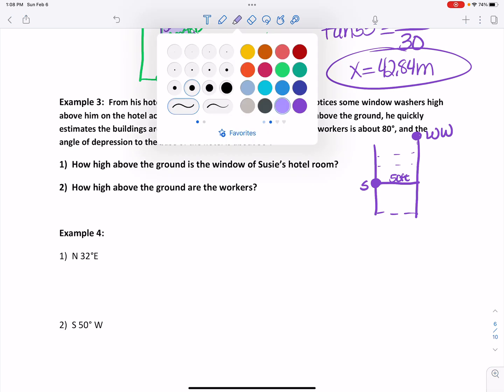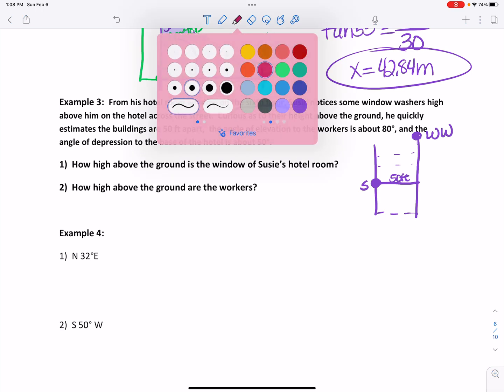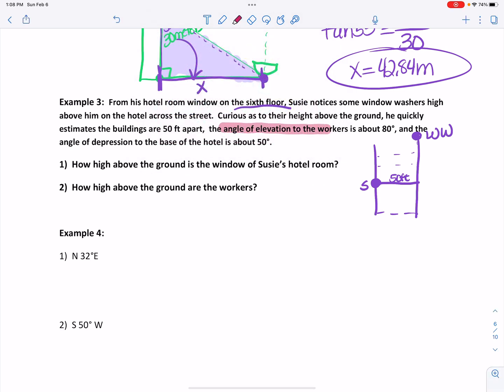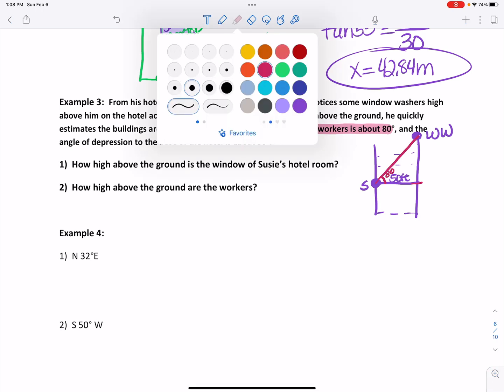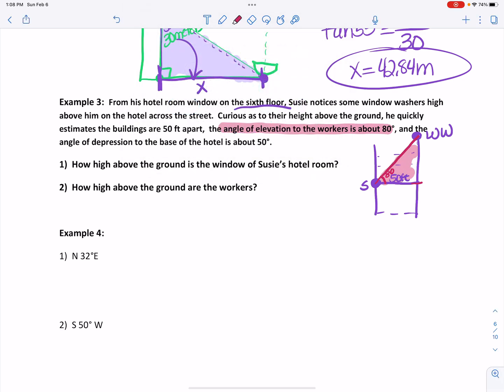The angle of elevation to the workers is about 80 degrees. That means the angle of elevation from Susie to the workers is 80. So I have this triangle right here, and it has the 80.